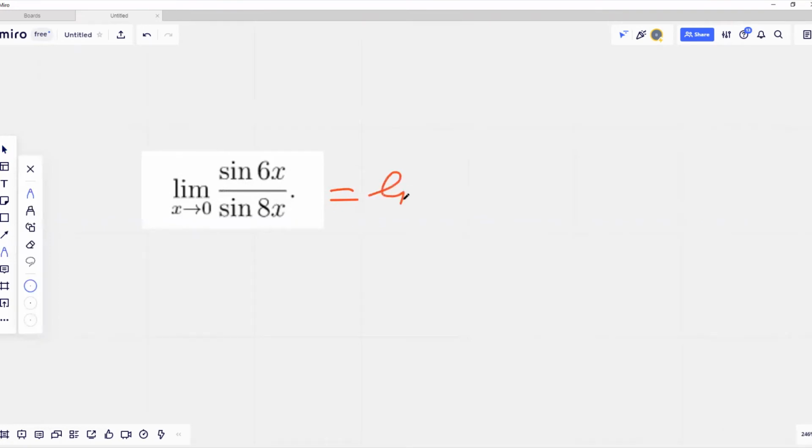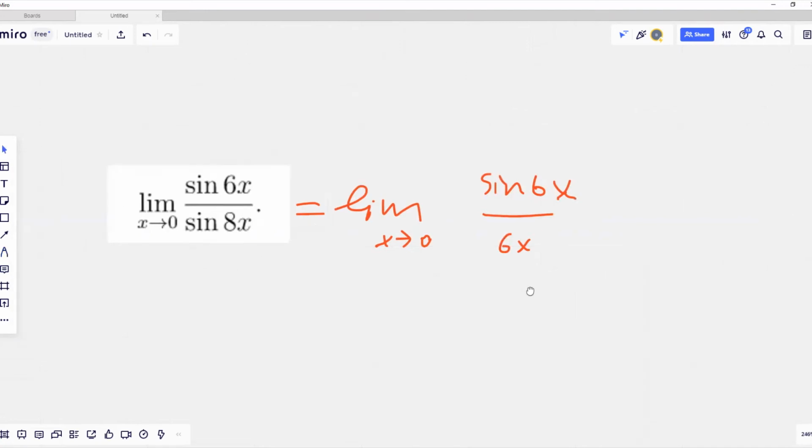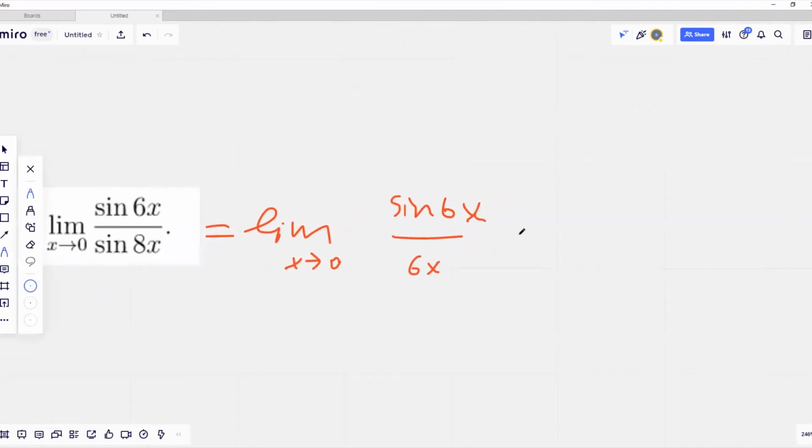Let's bring this into the following form. Sine of 6x divided by 6x, multiplied by sine of 8x, multiplied by 8x over sine of 8x.